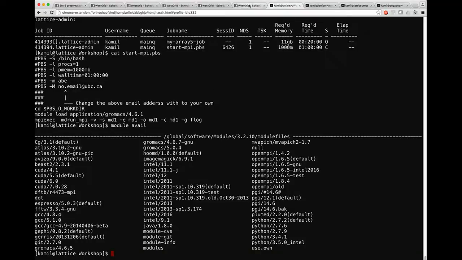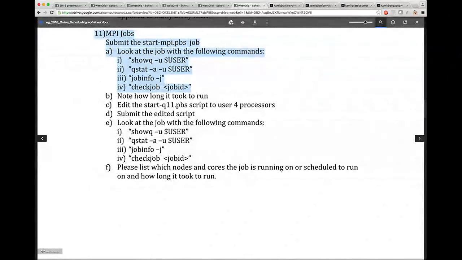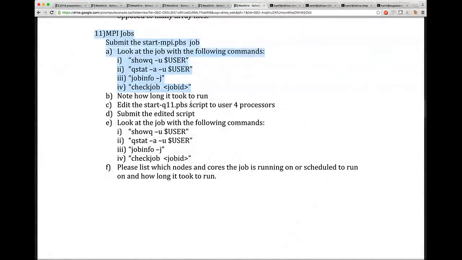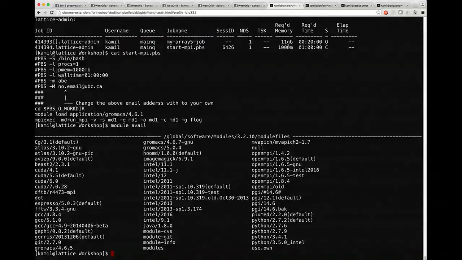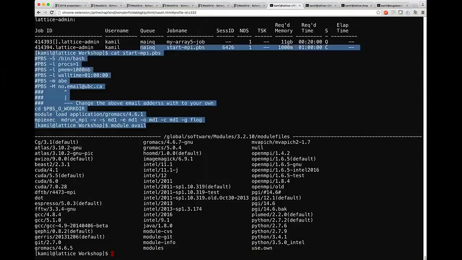In the example here, we would be increasing the number of processors used for this job and noticing how much quicker it runs. So here's an example of running an MPI job, an actual practical example. And we could vary the number of procs that it uses and how long it takes to run. So this is a fairly simple example of running an MPI job.